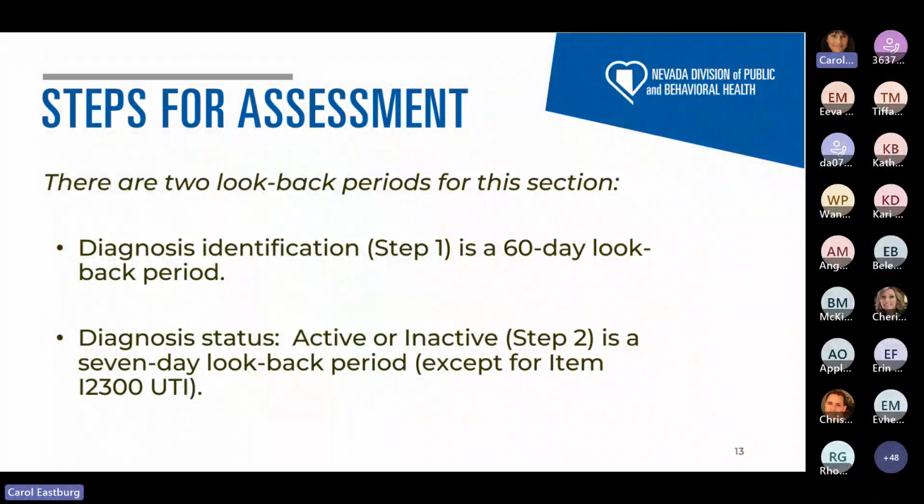Emphasis on 60 days. Sources where you might find this information include progress notes, the most recent history and physical, transfer documents, discharge summaries, and maybe a diagnosis or problem list, etc.